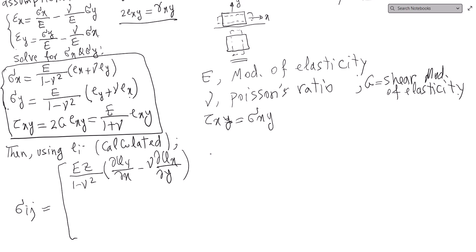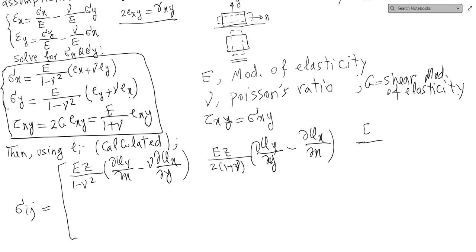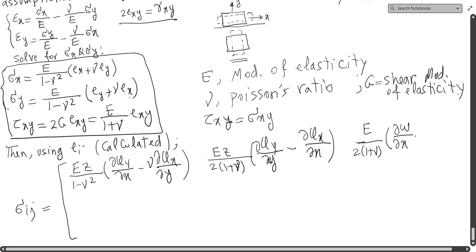Sigma xy is Ez divided by 2 times 1 plus mu, times d phi y dy minus d phi x dx, and the shear is E divided by 2 times 1 plus mu, multiplied by dw dx plus phi y.